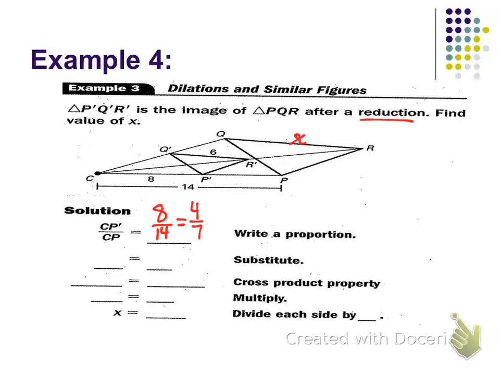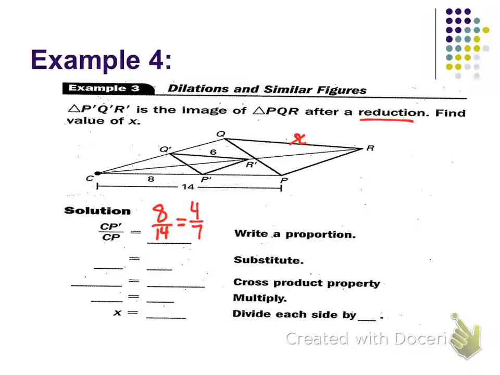Oh, I get what they were wanting us to do. That's not what they want us to do on that step. That's okay. What they wanted us to do was write a proportion that compared CP prime to CP, and do the same thing for Q prime R prime to QR.